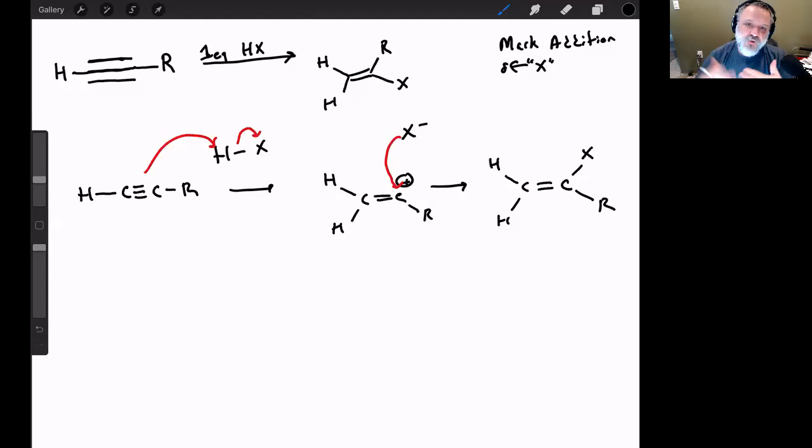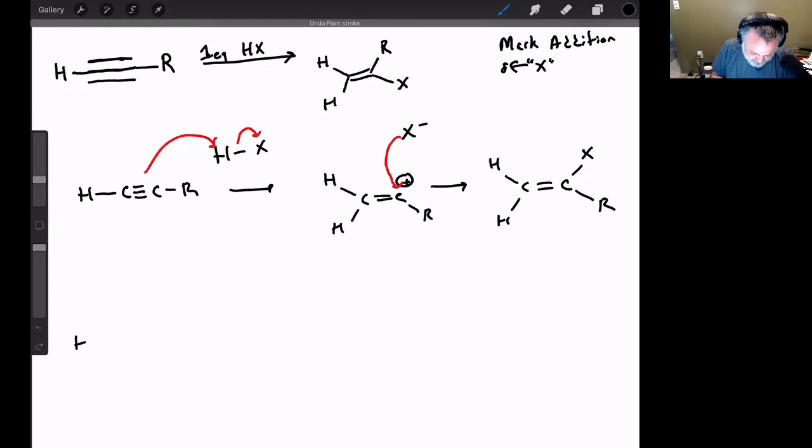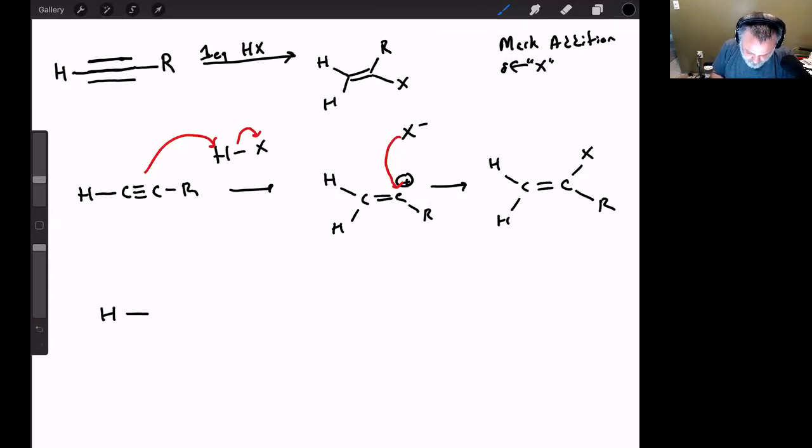And I really don't think it's incumbent on you to memorize or understand this particular mechanistic idea. But what they're saying is that it's actually a three-molecule process where you have an alkyne, an HX, and another HX.